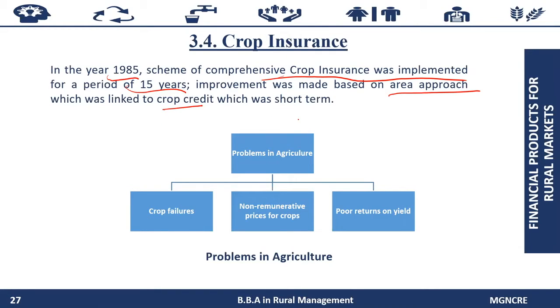Various problems that arise in agriculture are crop failure, non-remunerative prices for the crops, then poor returns on the yield. These are the reasons why we need crop insurance in agriculture.